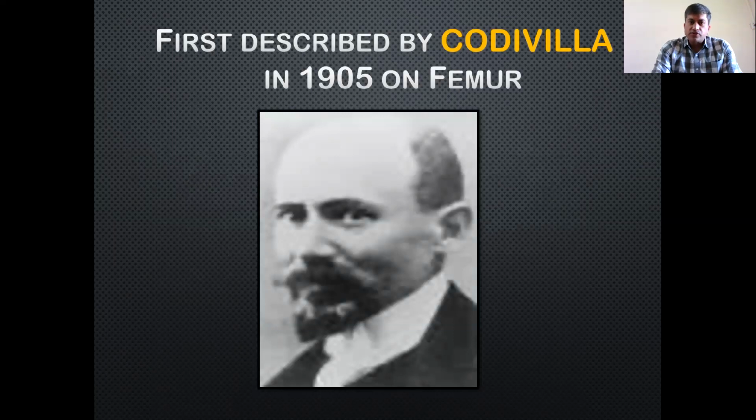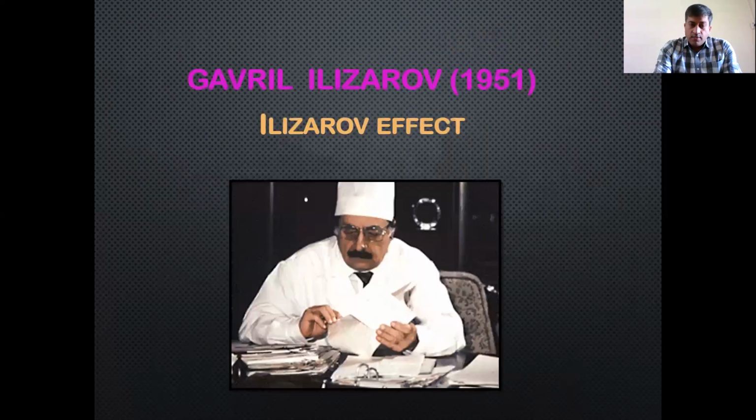Now, historically, distraction osteogenesis was first described by Codivilla long back in 1905. But it was Gavriil Ilizarov who performed extensive studies on distraction osteogenesis, especially in the long bones, and described something called the Ilizarov effect. Now, this Ilizarov effect is also called the stress tension effect.